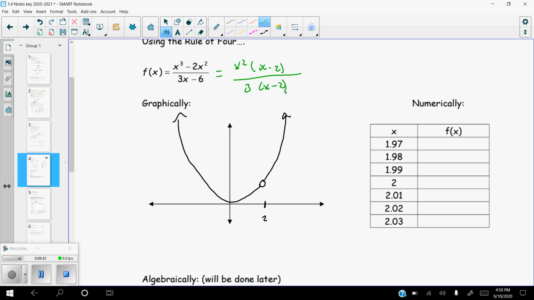So the idea is, what's the limit as x approaches 2? That's what we're looking for. We really want to find out, as my x values come along this curve and get closer and closer to 2, what is the actual limit? Or is there a limit? And the answer is yes, there is a limit.